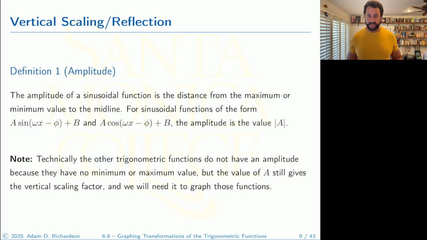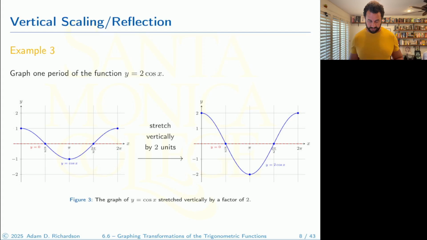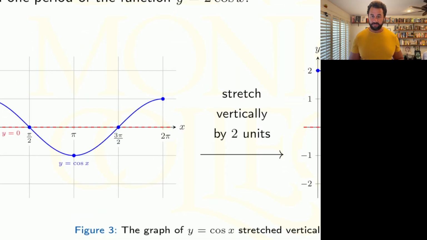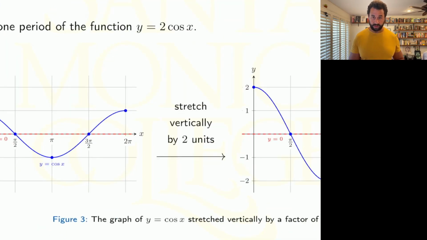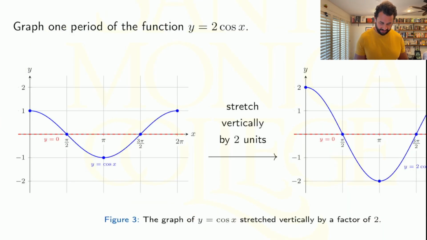All right. Now we need to talk about something called amplitude, and that's related to that a value. So the amplitude of a sinusoidal function is the distance from the maximum or minimum value to the midline. So maybe back on this picture, I'll zoom in for a minute. The amplitude is this distance right here, from the midline to the maximum, or from the midline to the minimum.